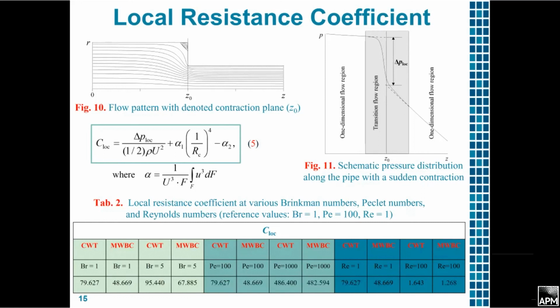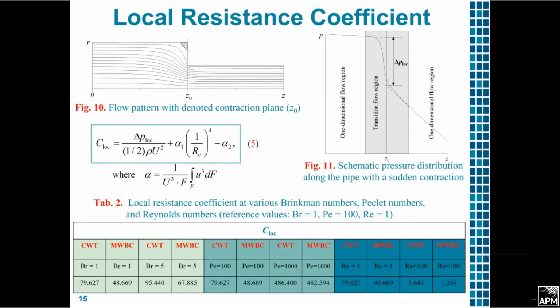The local resistance coefficient is determined by the energy losses which happen when the fluid flows into the narrow part of the pipe. So the velocity increases and we need additional energy for it. And also we need some additional energy to organize the flowing in the inner corner of the pipe. So you can see formula 5, which determines the coefficient, where alpha is the kinetic energy correction factor.